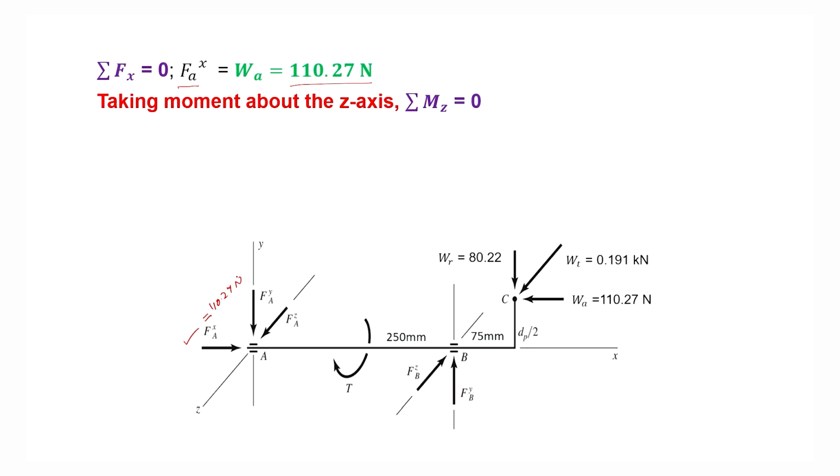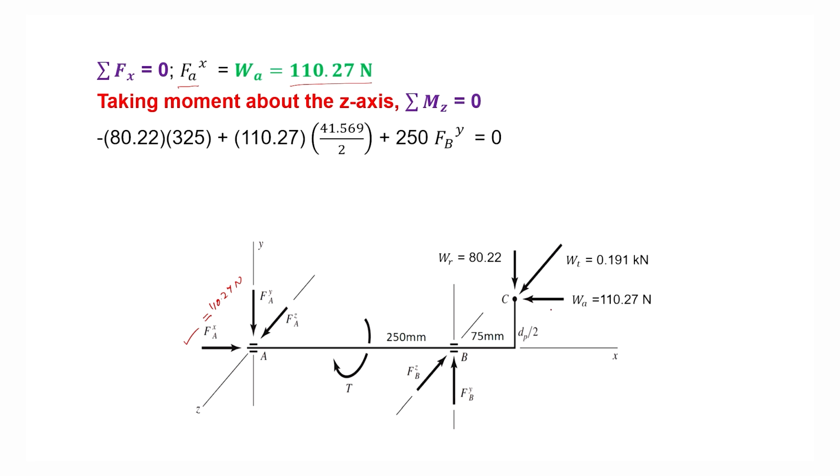Now, to determine other reactions, we are taking moment about the z axis. That means the summation of moments about z should be 0. The forces acting other than along z are FAY, Wr in the direction of y, and Wa in the direction of x.